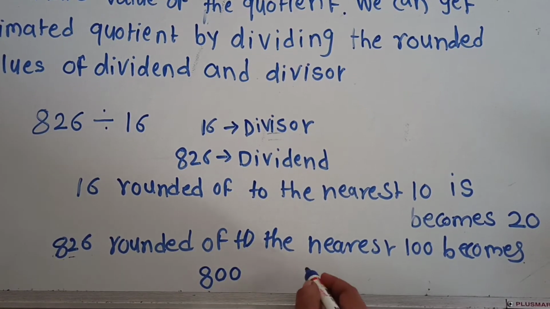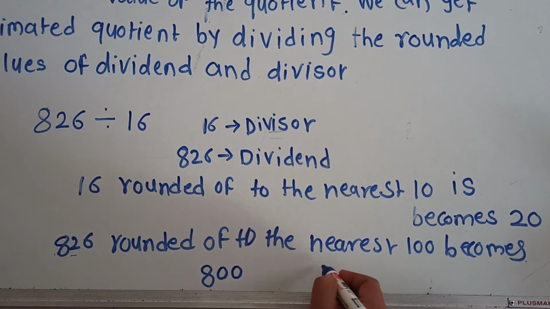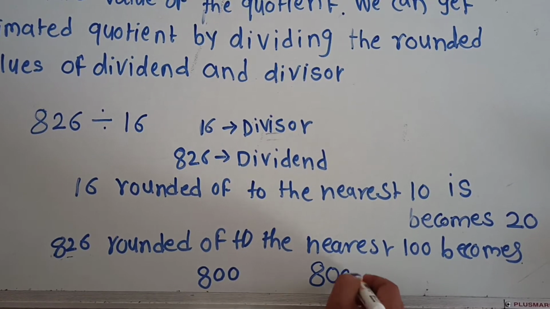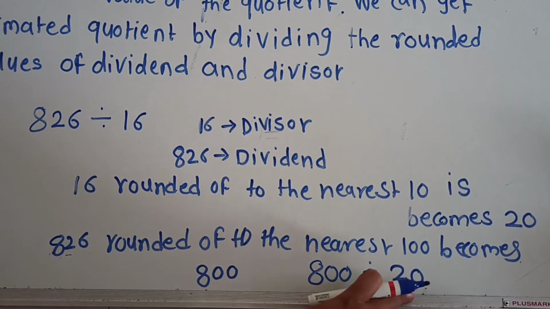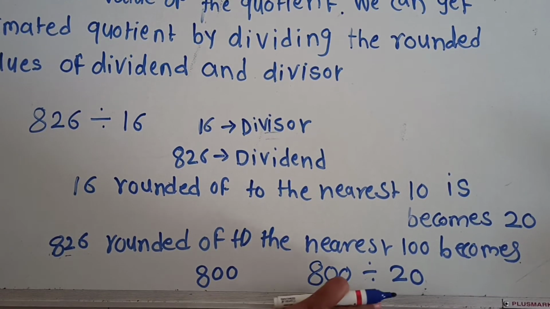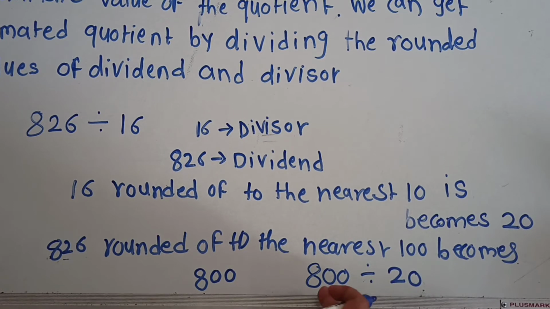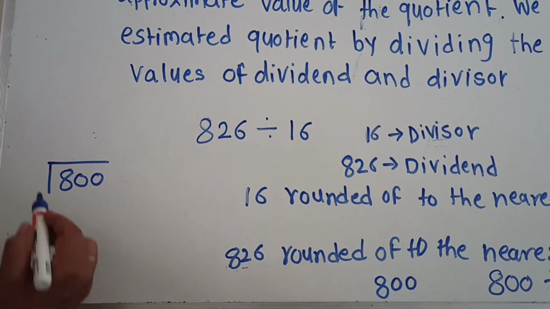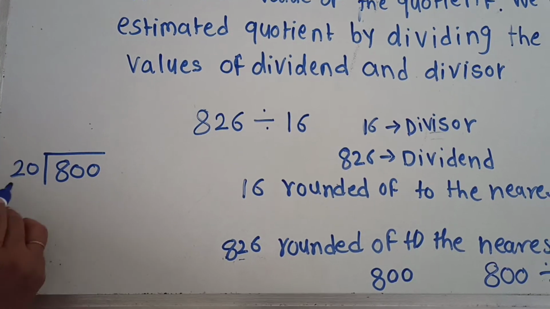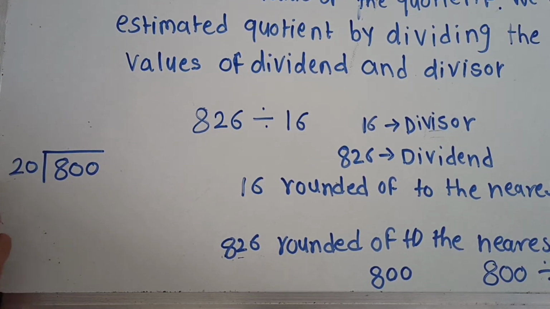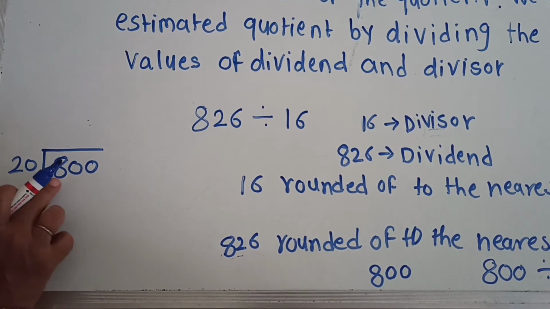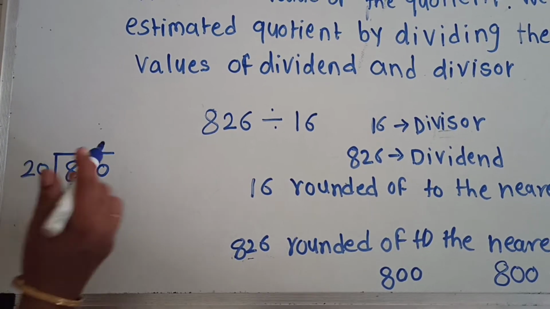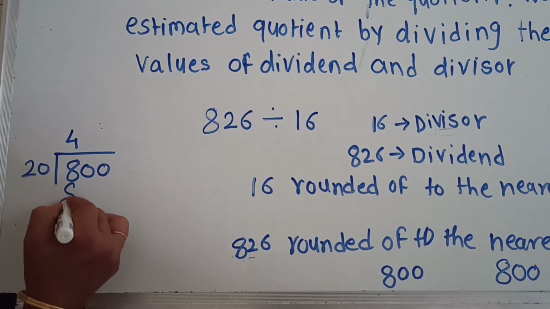Then we have to divide 800 by 20. Now it has become easy to divide. Look, 20 and here 800. We have to take this 2-digit number. 20 4s are 80.